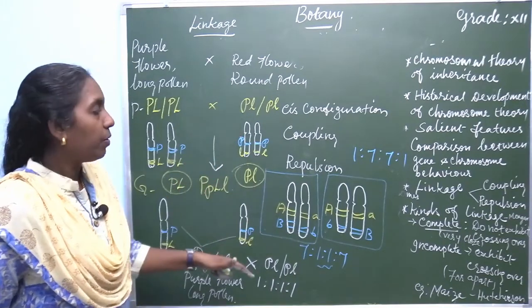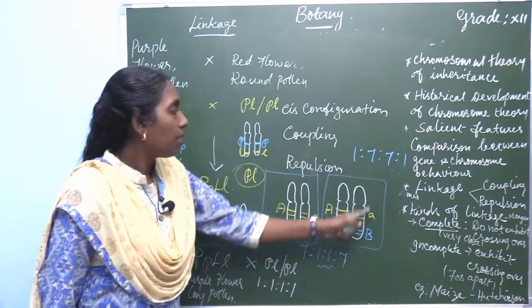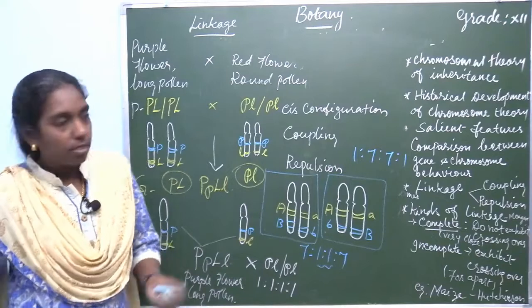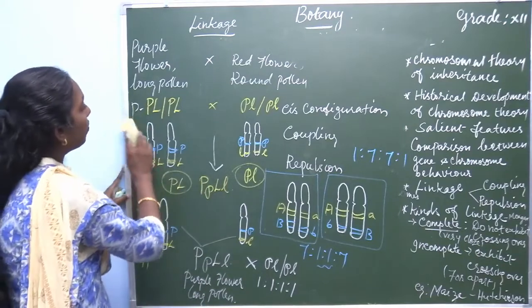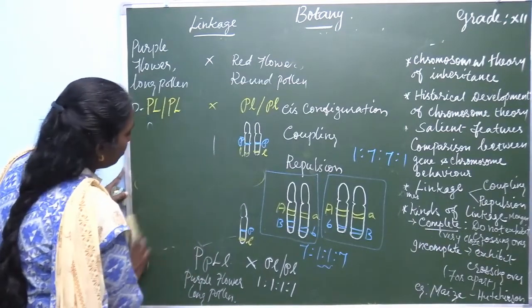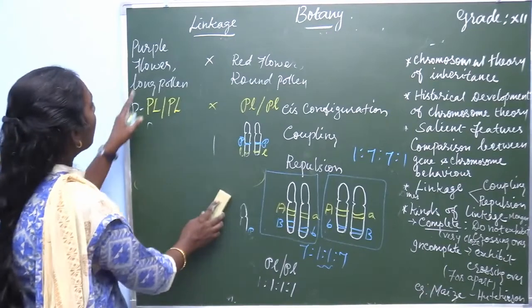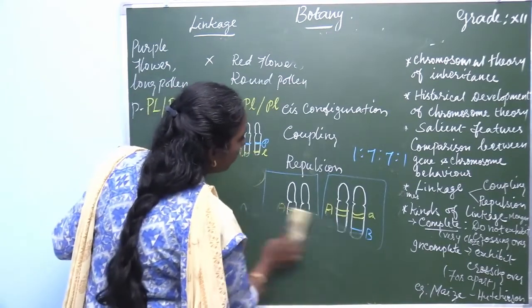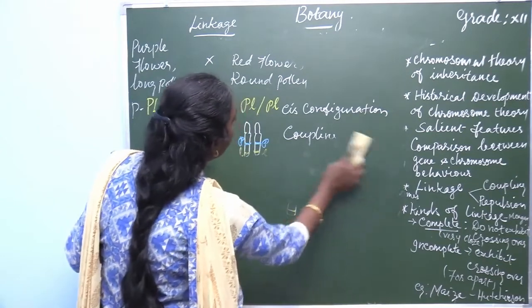Coupling and repulsion. Let's see coupling and repulsion in the same example. See here, the characters are the color of the flower and the shape of the pollen grain.